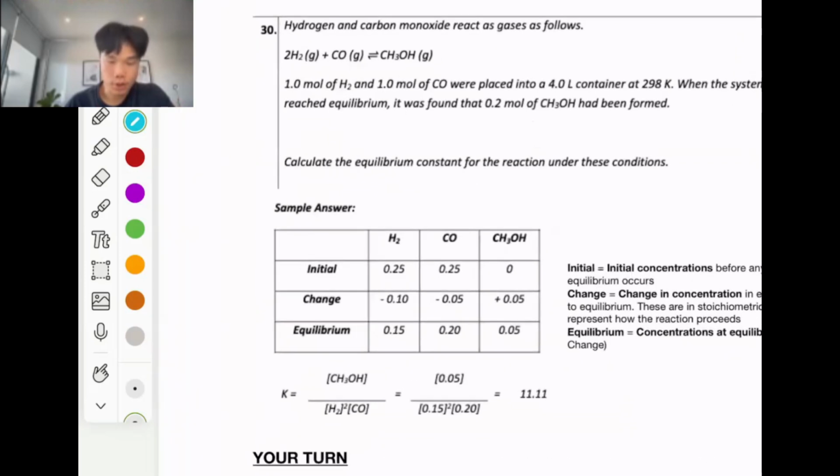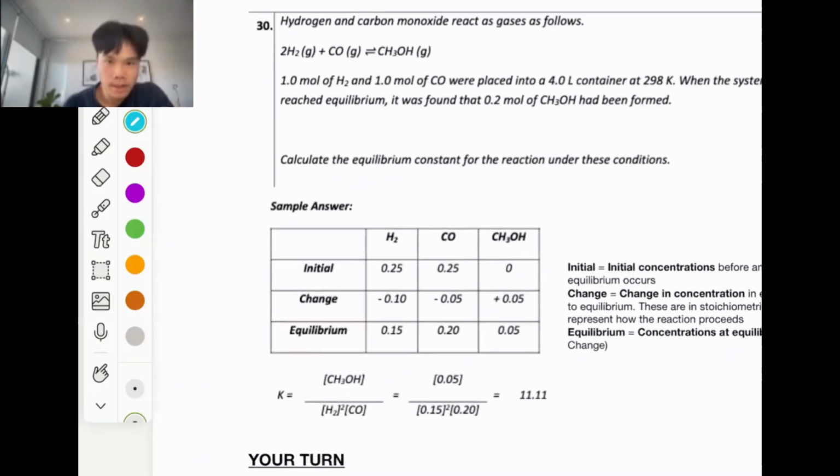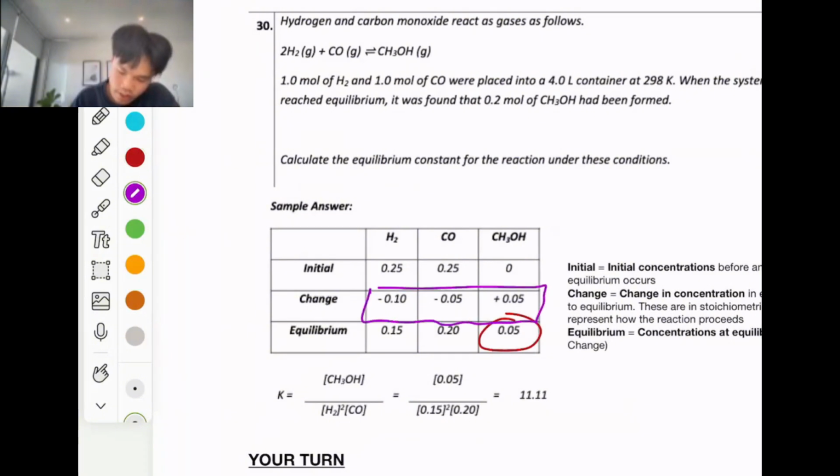So here's a question type. I'll give you all a quick moment to read over it. But to summarize, it's a question where you're given all the concentrations initially, and in the question they give you the ending concentration of methanol. Then it's up to you to determine the changes, and then you would be able to find the equilibrium concentrations of H2 and CO from those.